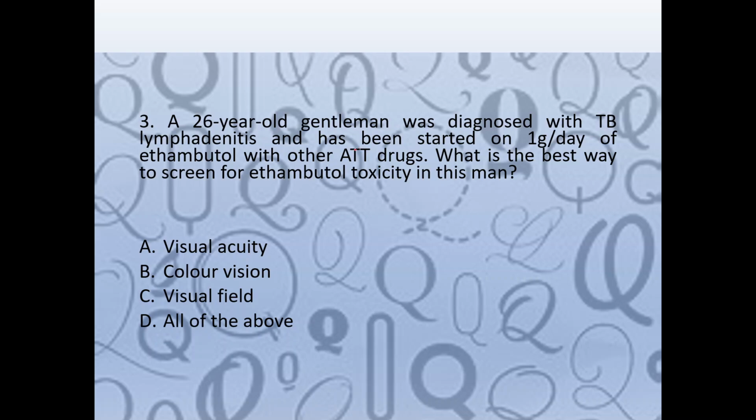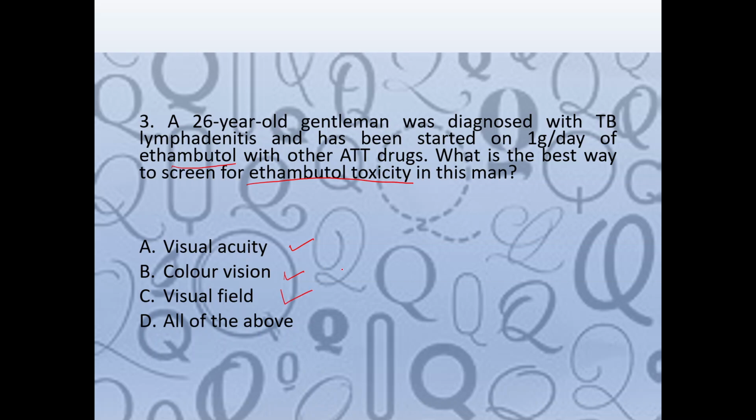A 26-year-old man diagnosed with TB lymphadenitis has been started on 1 gram per day of ethambutol. So here we are talking about ethambutol toxicity. Ethambutol affects the optic nerve function. So basically they are trying to ask us, how do you look for optic nerve function in this man? What are the optic nerve function tests? Visual acuity, yes. Color vision, yes.